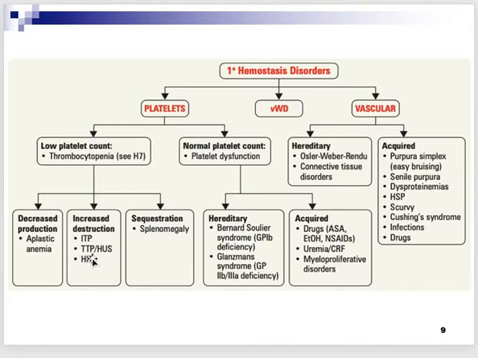And HUS, hemolytic uremic syndrome, basically occurs in children. It can occur in adults as well. When the patients get infected with E. coli, not just E. coli, but most of the time it is E. coli, it could be other viruses or bacteria. They present with severe thrombocytopenia.